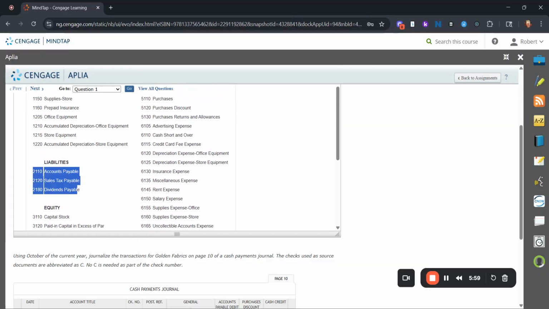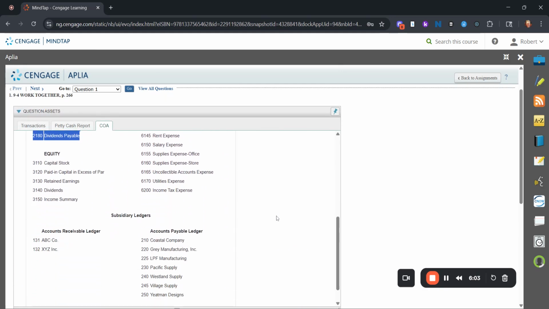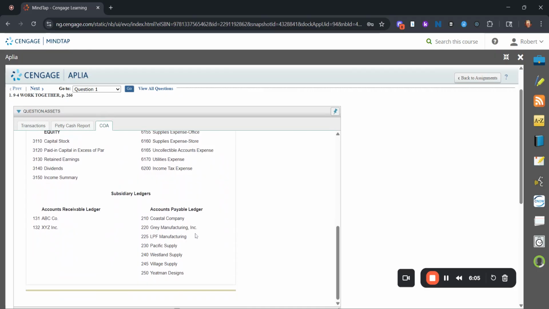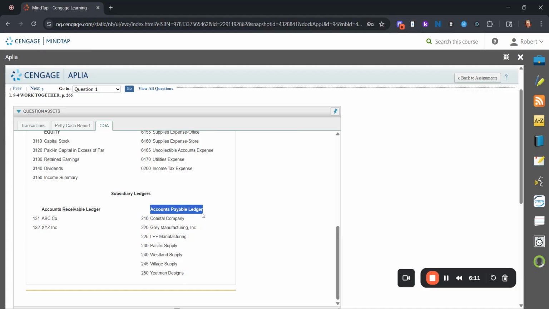But in this case, we have a little bit extra going on with this chart of accounts. We have an accounts payable ledger that we're using for this worksheet. So under the accounts payable ledger, the only account title we're going to use is Gray Manufacturing.